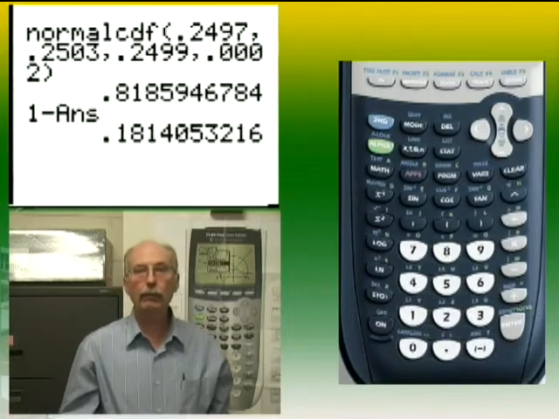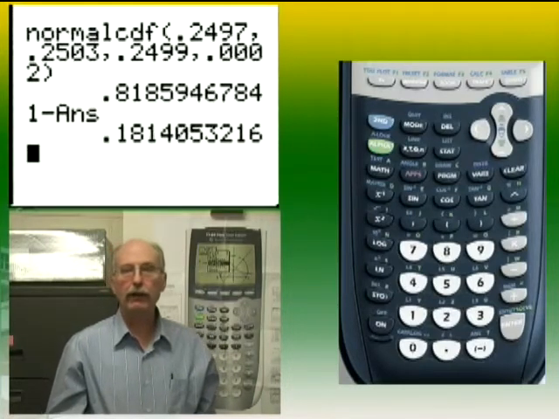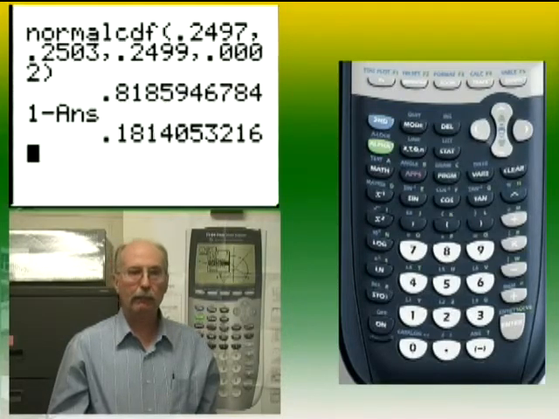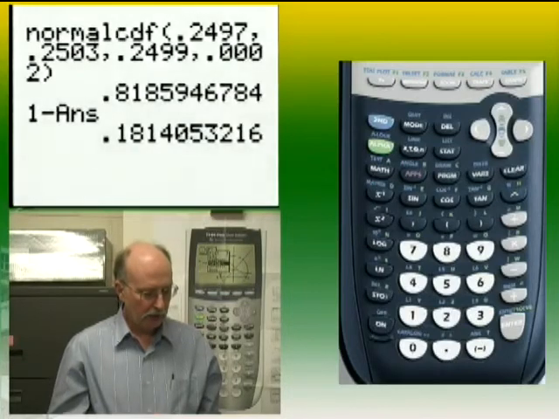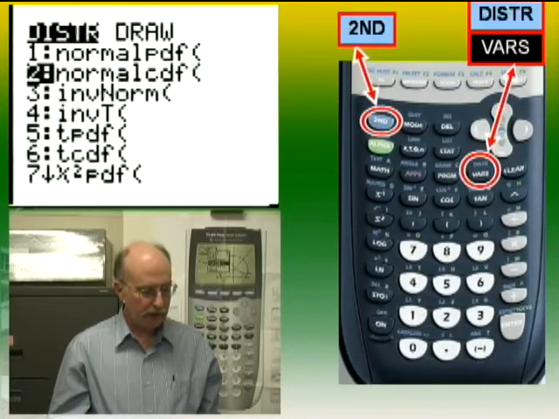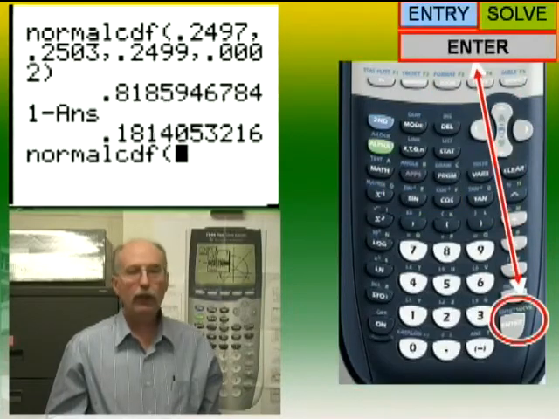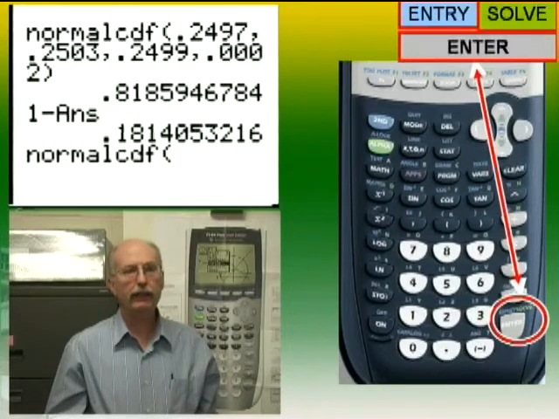Of course, we could have done it one more way, and I'm going to show you that right now. We could calculate the bad ball bearings on the left and the bad ball bearings on the right and add them together. First, we hit second DISTR to get our Normal Cdf function. For the bad ones on the left, we have to put in minus infinity.